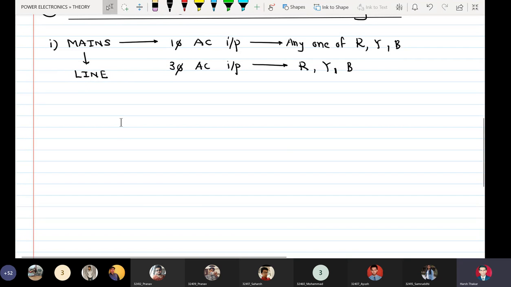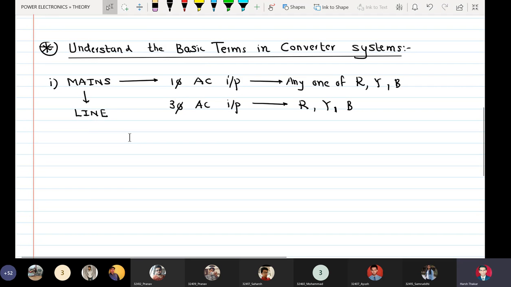So mains and line mean a single phase AC input which can be any one of the three inputs R, Y and B, or a three phase AC input, that is the phases R, Y and B.